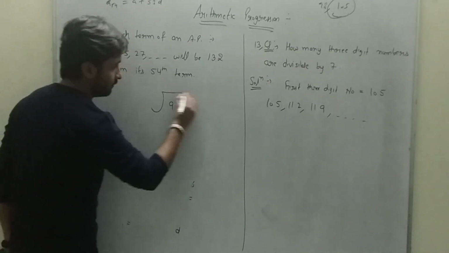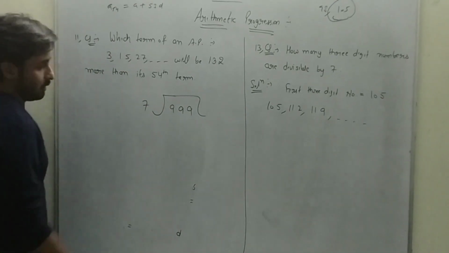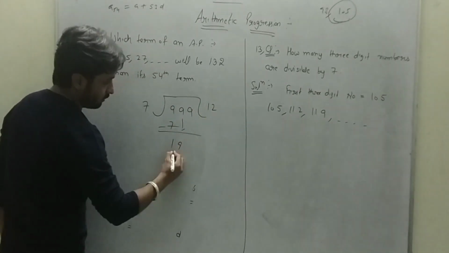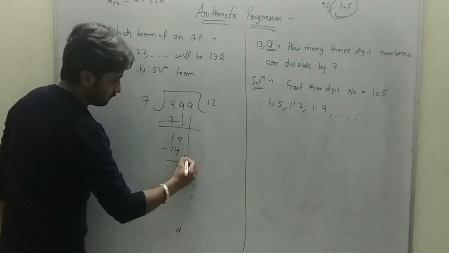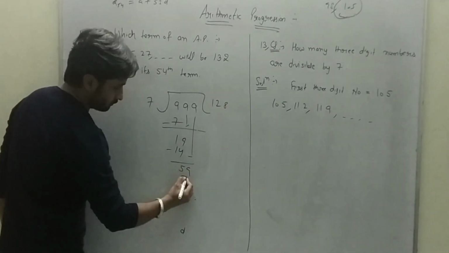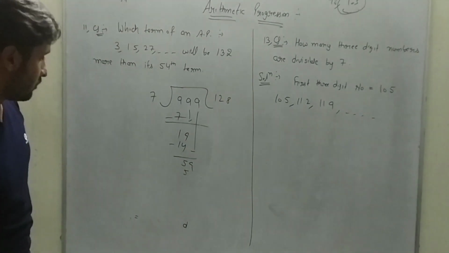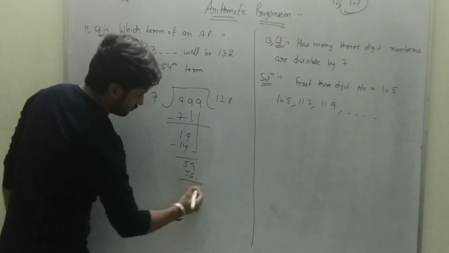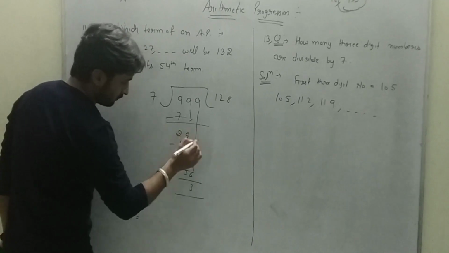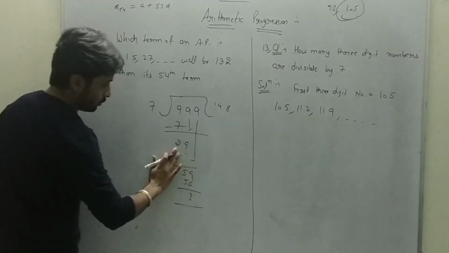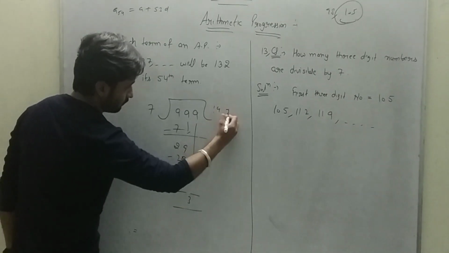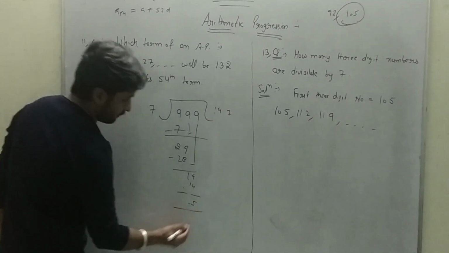So I divide 999 by 7. 7 times 1 is 7, leaving 29. 7 times 4 is 28, leaving 19. 7 times 2 is 14, leaving 5. So the remainder is 5.